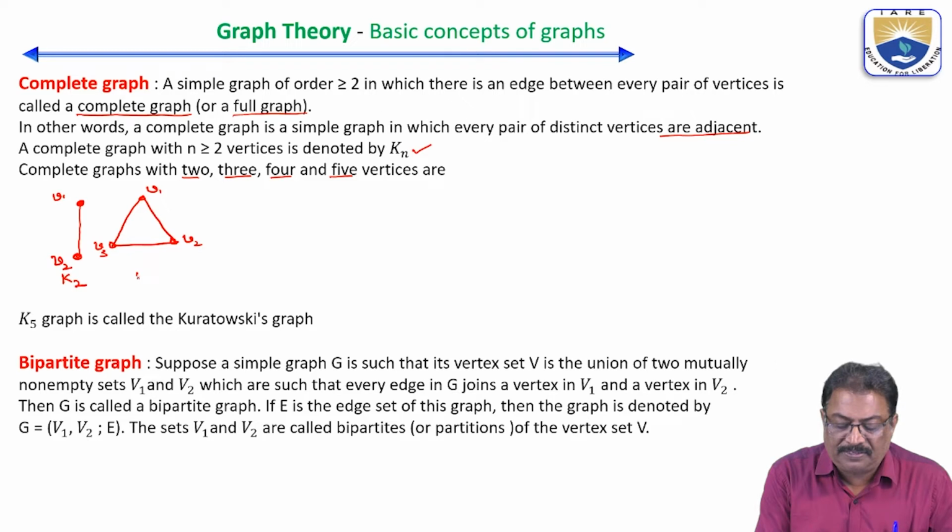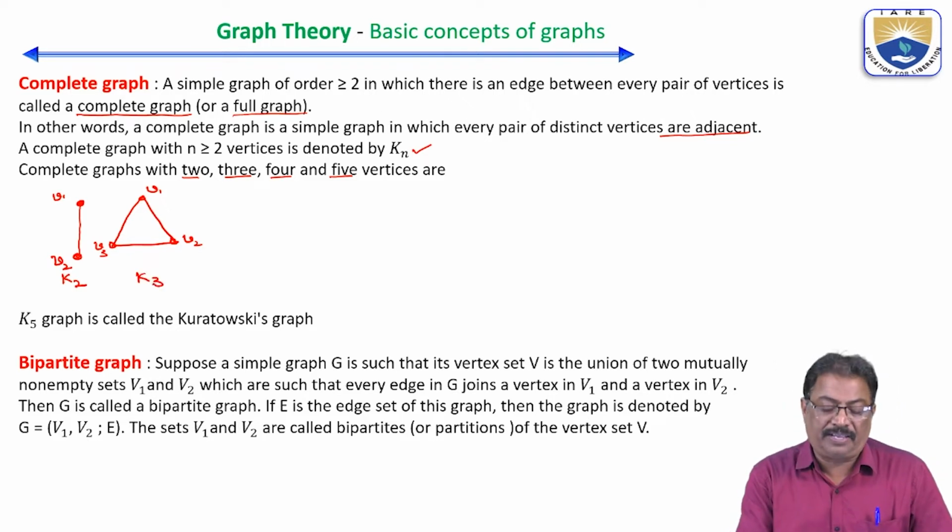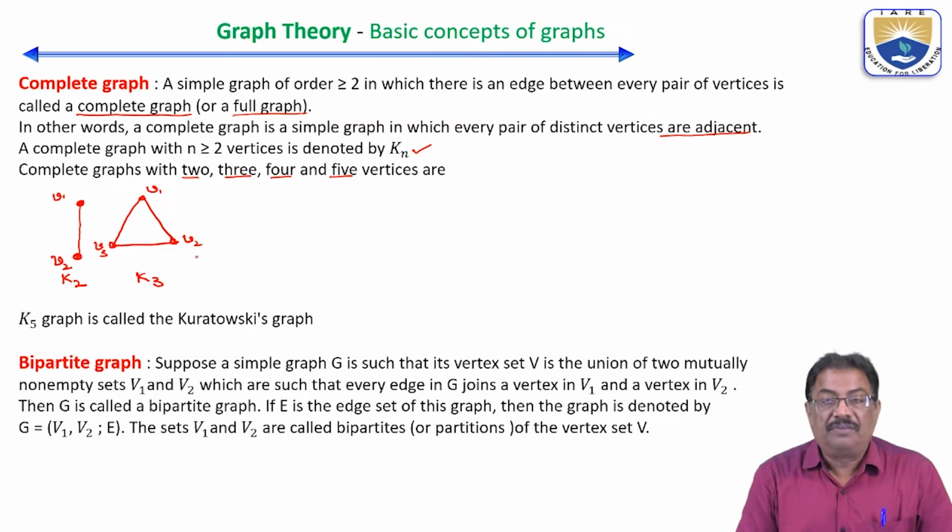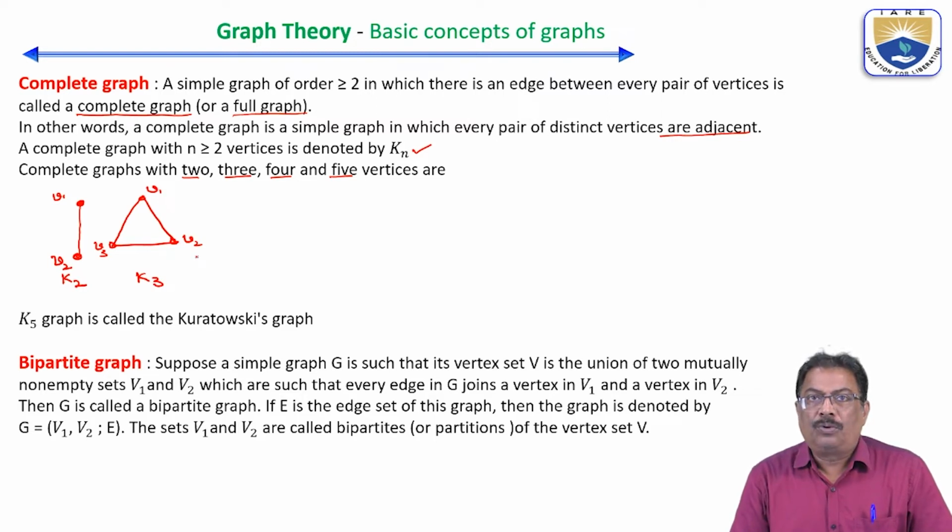Any pair you consider, V1 V2, V1 V3, or V2 V3, one edge is there. So, this is a complete graph with 3 vertices.